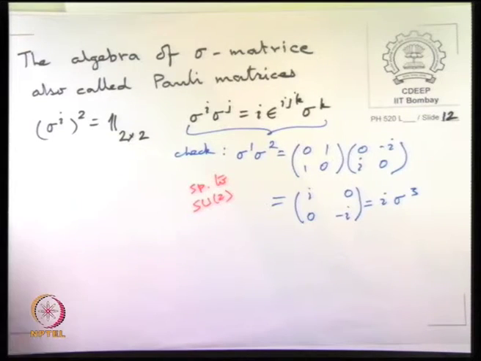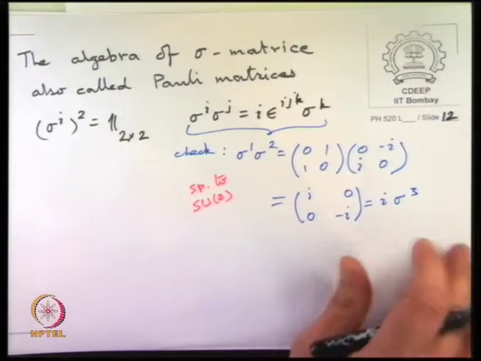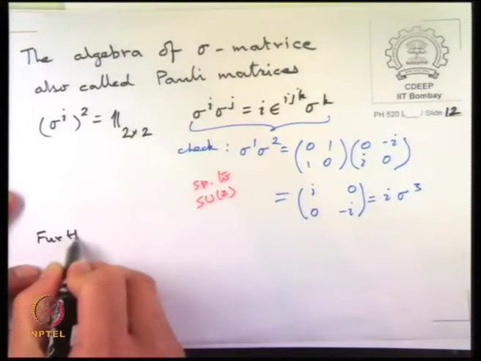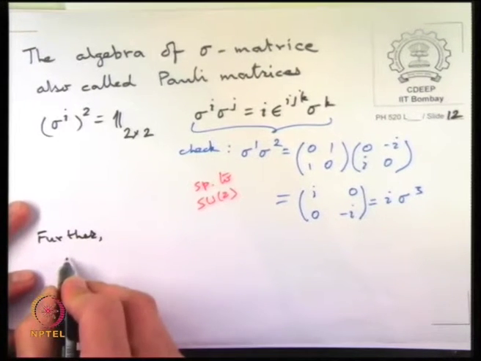But what generalizes to SU(N) actually follows from this or is related to this, which is the commutator algebra.